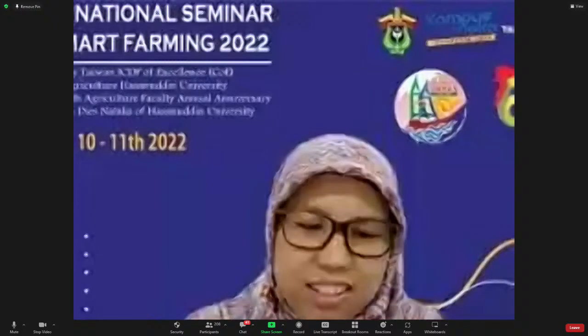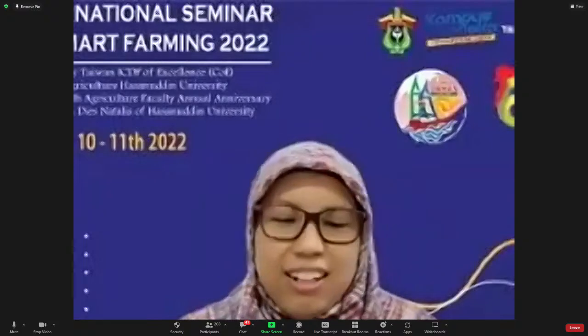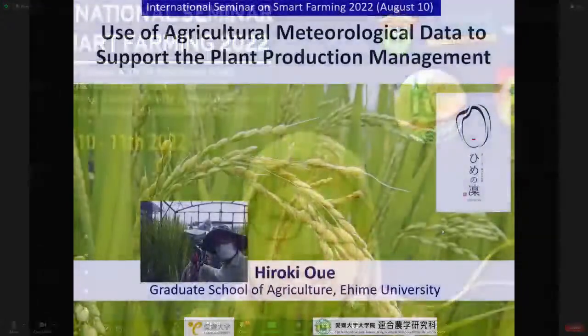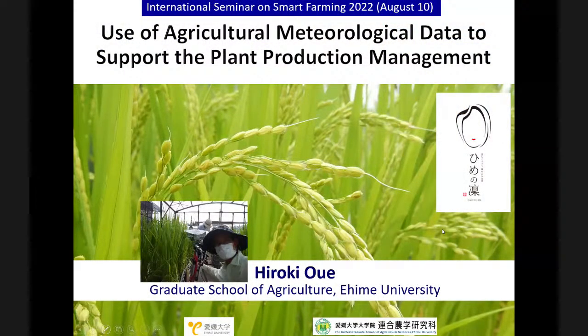Now, Prof. Hiroki Owe has been Dean of the United Graduate School of Ehime University since 2017. Professor Owe graduated from Kyoto University with a doctoral degree. His field of study is hydrometeorology for environmental science, and the research subject is the effect of change in atmospheric environment on growth of crops.